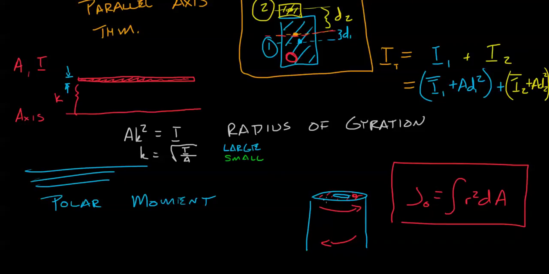One quick note is that this has to be the same cross section all the way down for it to work. It doesn't necessarily need to be circular. It can be all sorts of weird shapes, but it is important that it's consistent all the way vertically. That is our polar moment of inertia.